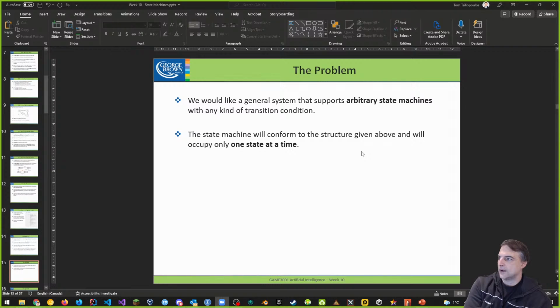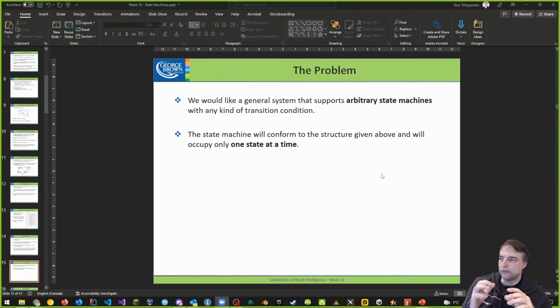Let's talk about the problem that we're trying to solve. We would like some kind of general system that supports arbitrary state machines with any kind of transition conditions. I want to move from one state to the other state with any kind of condition that I want. So a general state machine is what I'm looking for, right?